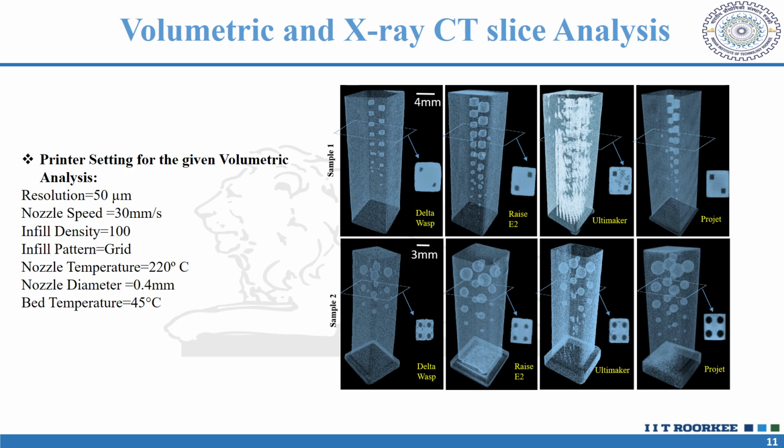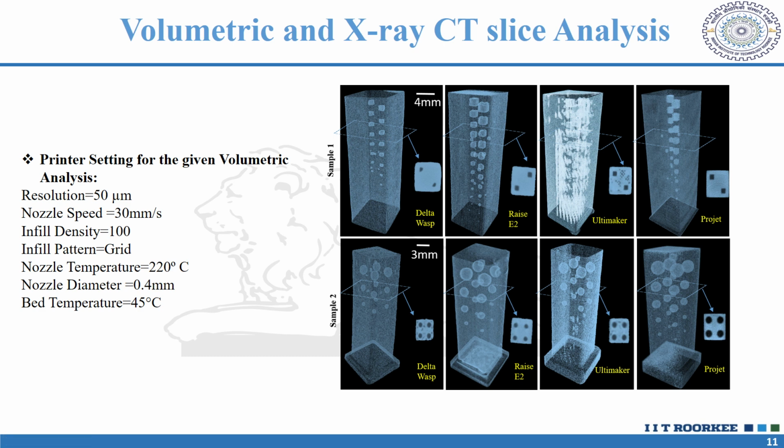So after 3D printing, we CT scanned all the samples, and then using reconstruction software, we reconstructed 2D slices, and then using volume rendering, we created a 3D volume of the sample.